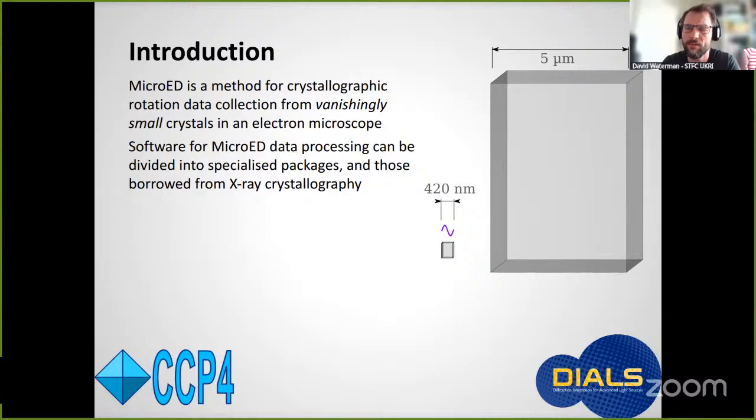But this is still far too large for the MicroED method. So the nanocrystals that we use in that method are really 1,000 times smaller in volume, to get it down to the upper limit of usable thickness for that method. And that makes them literally vanishingly small, because the thickness of the crystal is smaller than the wavelength of visible light.